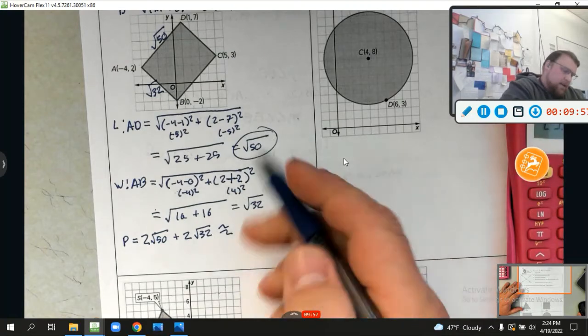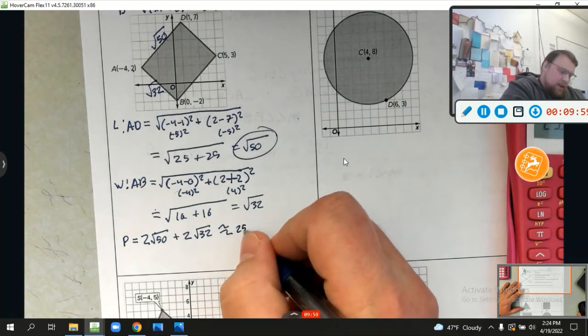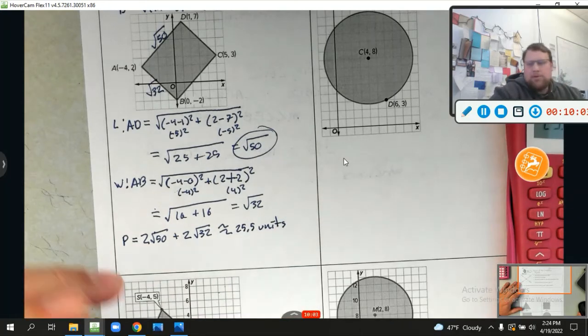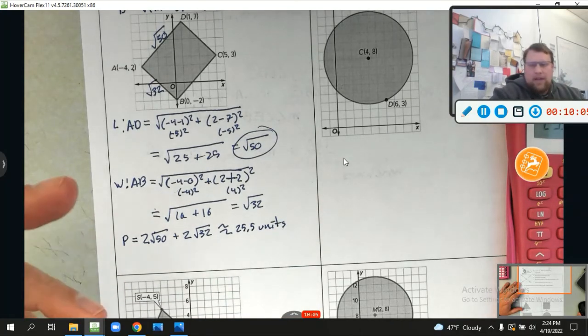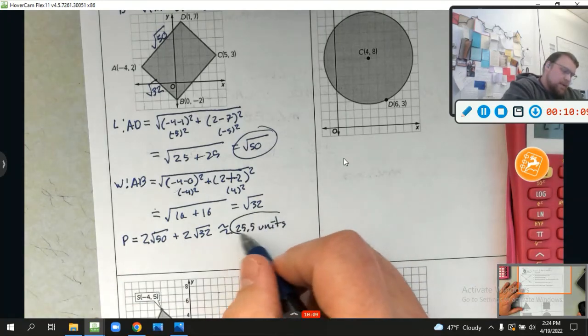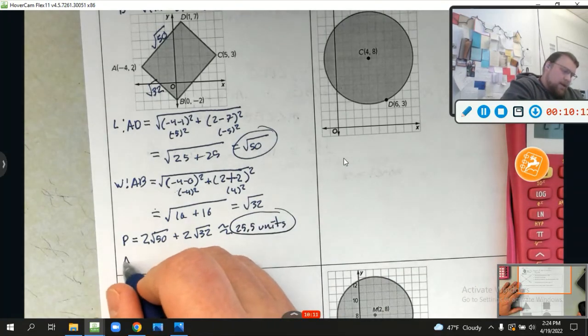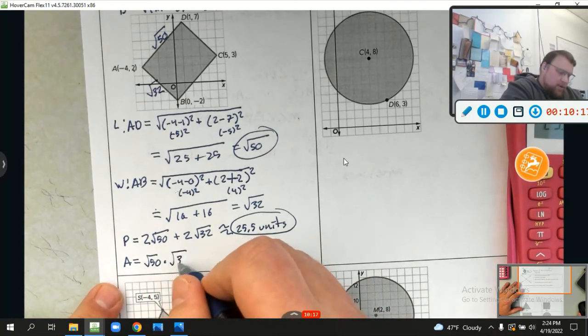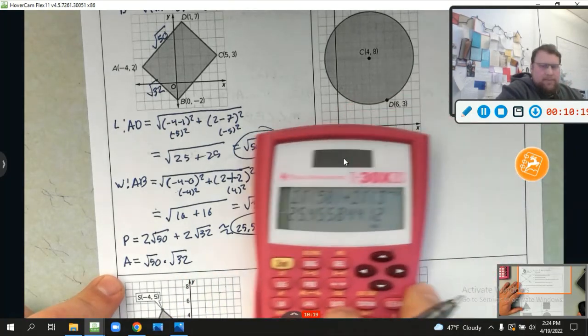So that's approximately 25.5, and we're going to start labeling it as units. Usually they give us the unit like inches, feet, miles, but in this case they didn't, so we'll just say units. And what is the area? Well, the area is my length times my width, so that's going to be square root of 50 times square root of 32. So let's do that.